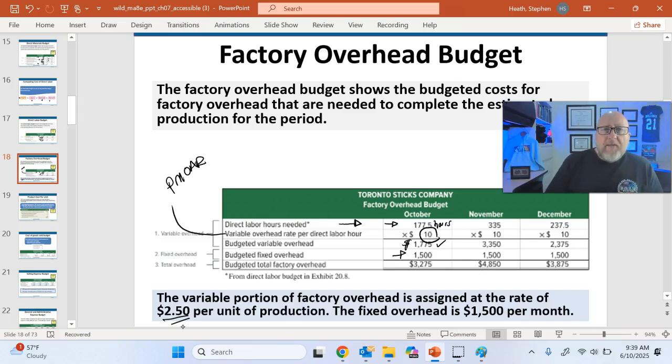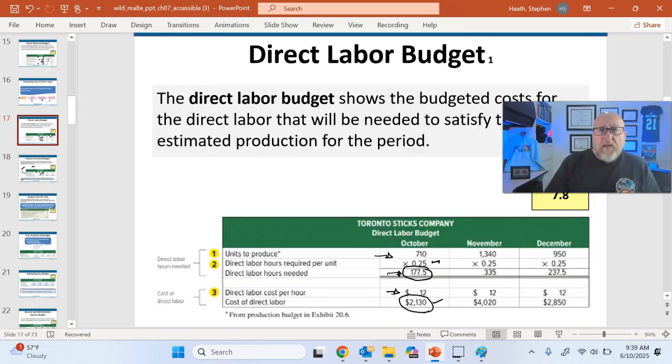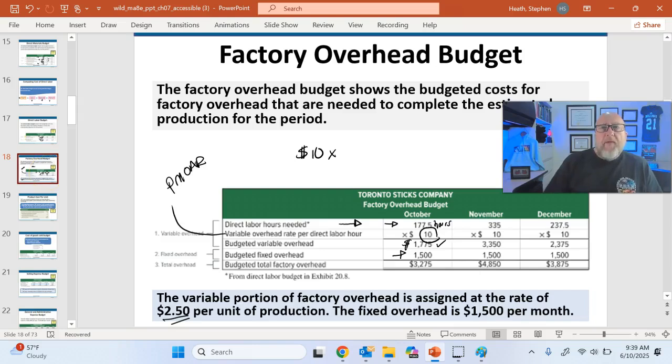That's because if my variable overhead per hour is $10, and from the previous slide every unit that we produce only requires 15 minutes, or a quarter of an hour, then we take $10 per hour times the 25% and that gives you $2.50.